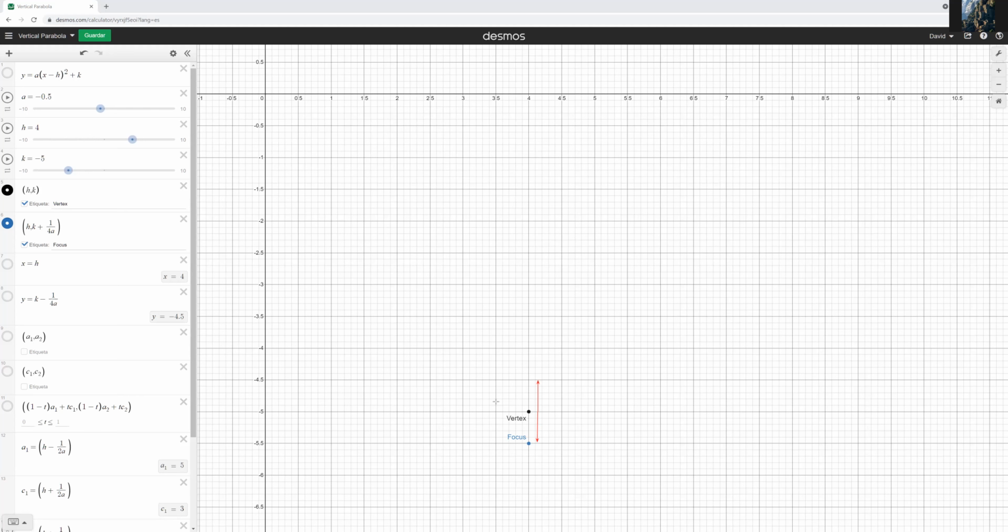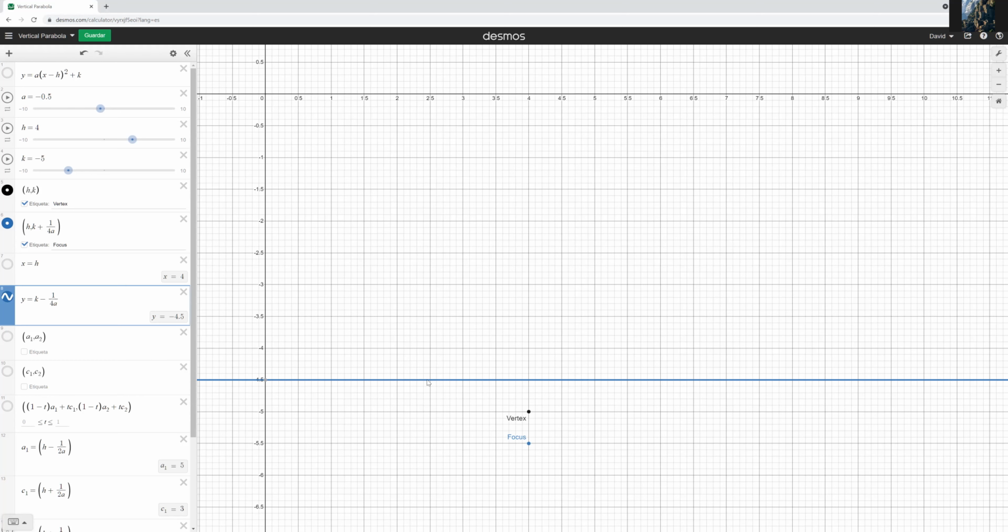Meaning that in this case, the line that we need to draw will be at negative 4.5. This will be our directrix, this blue line here. Now we know the opening will be downwards.